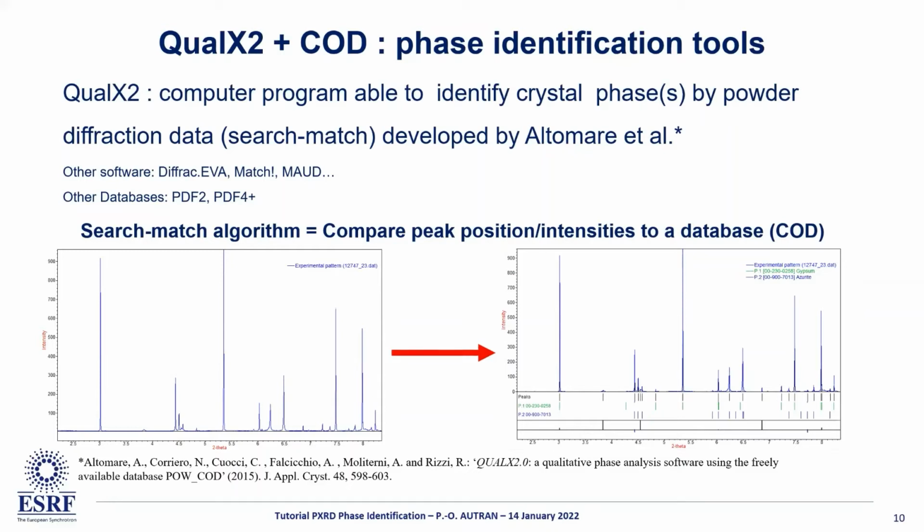In this case, it's coupled to the Crystallography Open Database, which is free. What this program does is compare the peak positions and intensities to this COD database. It's available on Windows, probably not on Linux, but I guess most of you are using Windows, I hope.